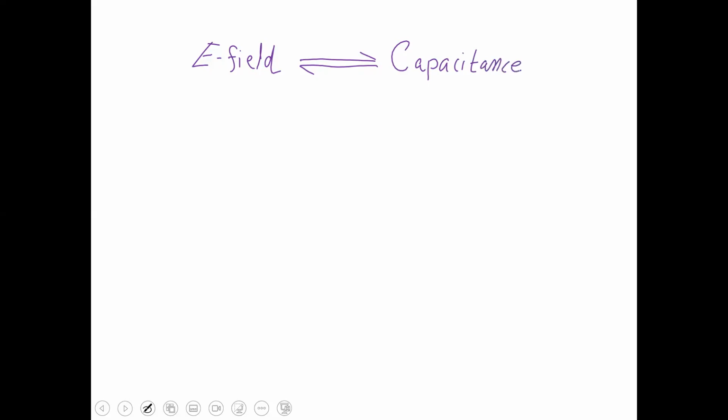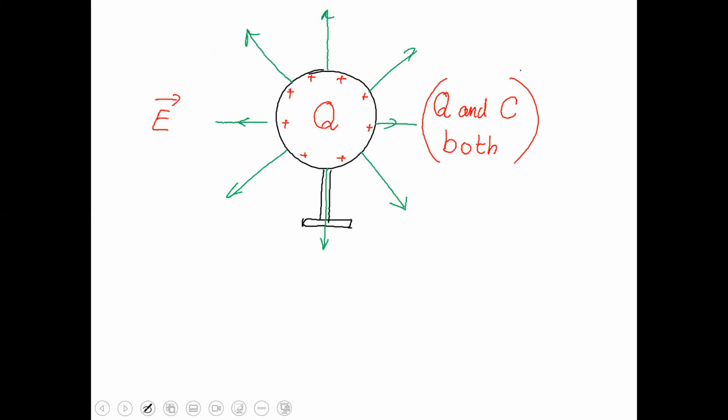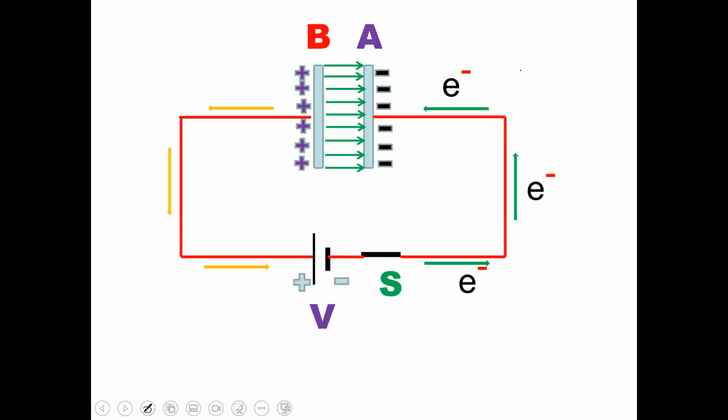An electric field is produced between the plates. Now you have to copy this screen.